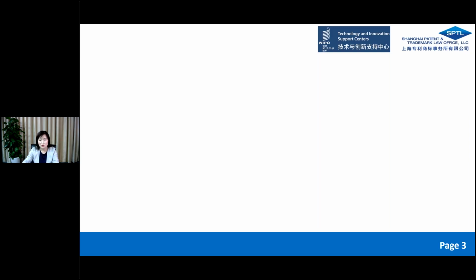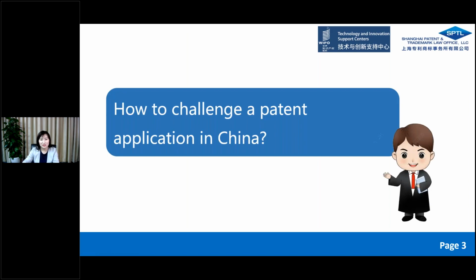Companies can consider using the third-party observation to block the granting of the competitor's patent application or to narrow the scope of protection of its claims, so that the risk of infringement of the company's own products may be eliminated.